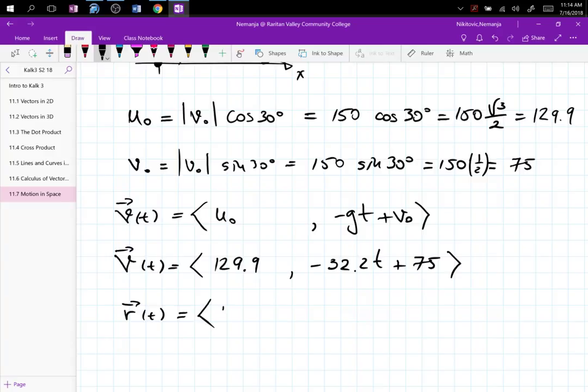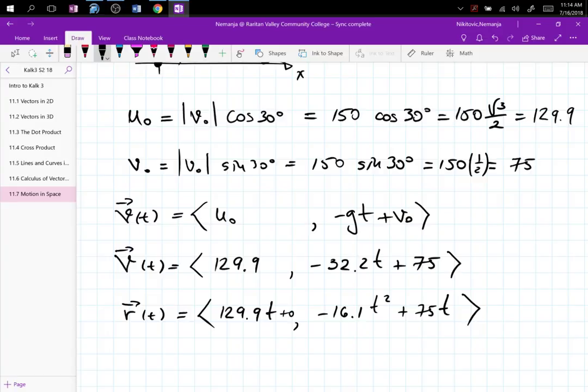129.9t. There we go. And this one is negative 1/2, so this is going to be negative 16.1t squared plus 75t. And then plus 0 for y0.